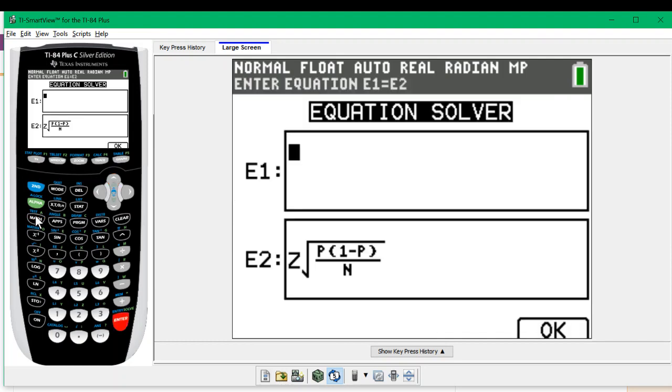So we want the margin of error to be equal to z, multiplied by a fraction, sigma over the square root of n.